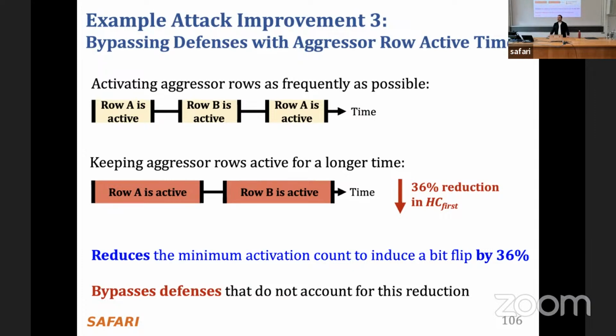Okay. Yeah, so as long as the row is open, it's connected. It's actually not decoupled in current architectures. If the row buffer has your row's data, your row also stays open.